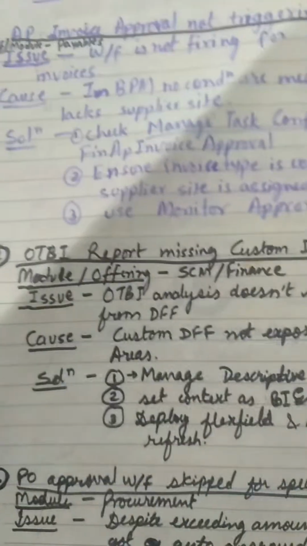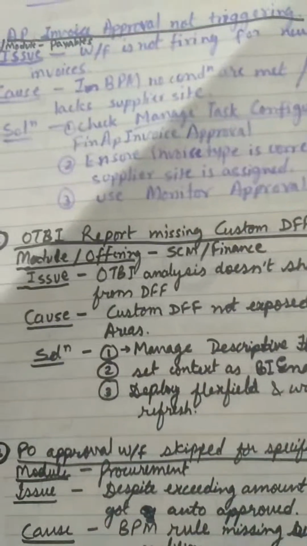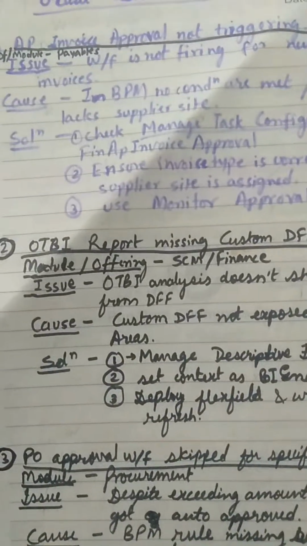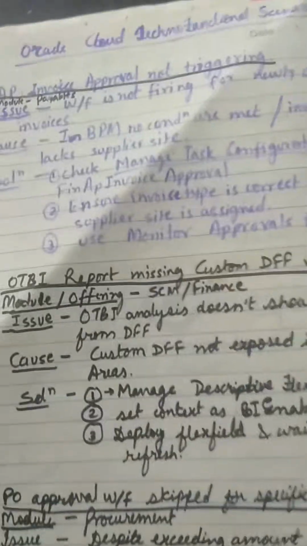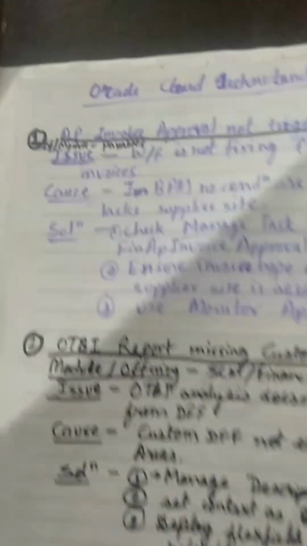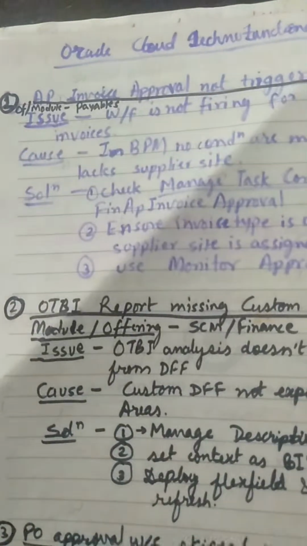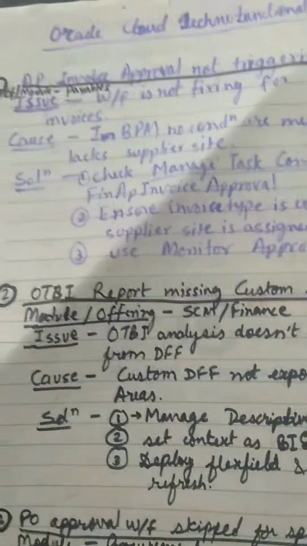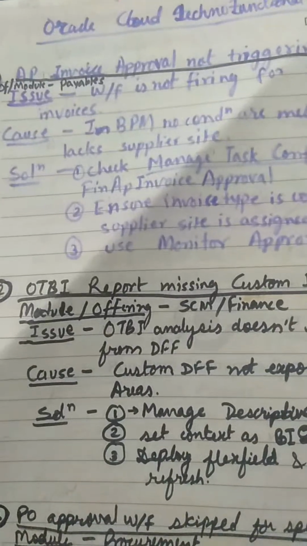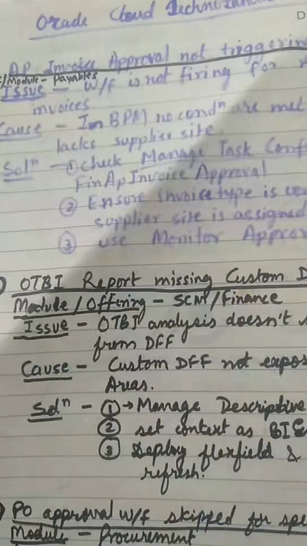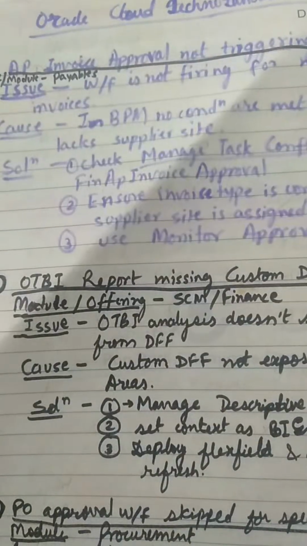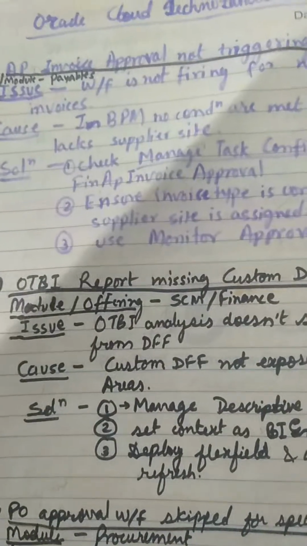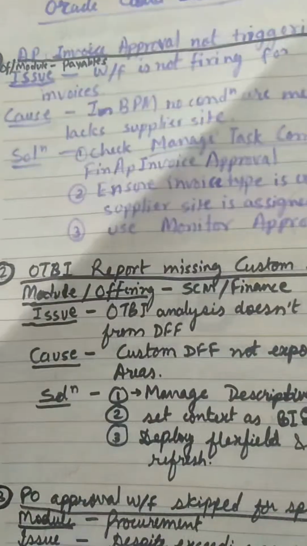Two are of BPM and one is for an OTBI report. We will discuss the scenarios and their solutions: one for OTBI, two for workflow, and a few for BIP reports, both technical and configuration settings, and how to do them.